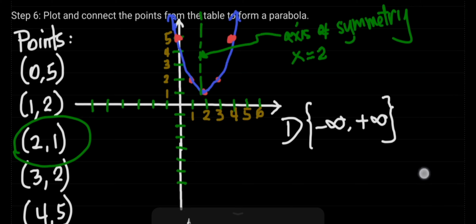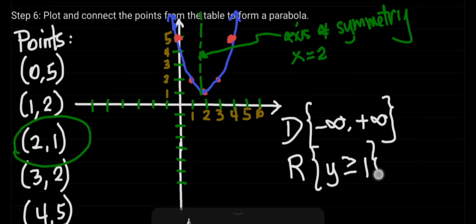So for the range, y, the parabola is going upward, so y is greater than or equal to 1, and 1 is the y coordinate of the vertex.